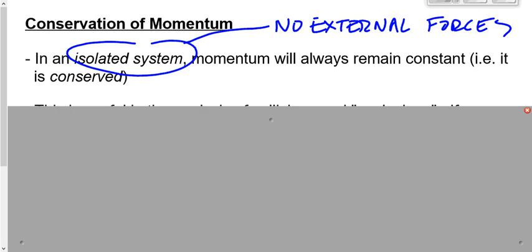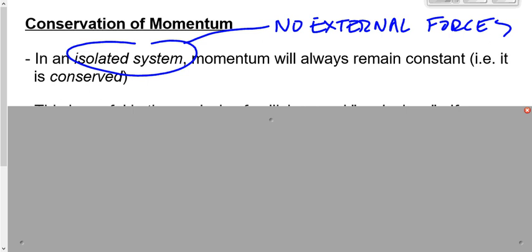So what we usually do to make sure that we have an isolated system is look at the interaction, the collision, immediately before and immediately after. If I'm a police officer analyzing a collision, 5 seconds after the collision, friction has played a big factor in the analysis.